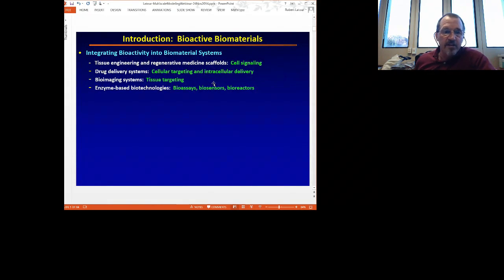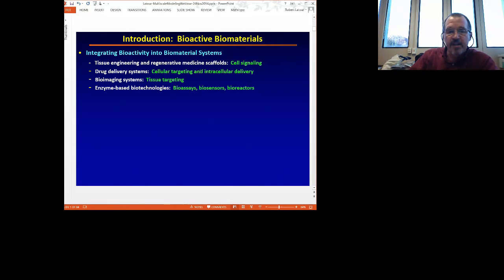And other than biocompatibility, bioactive materials is a major theme in tissue engineering and regenerative medicine and many other aspects where we want to integrate bioactivity into our biomaterial system. And the way we do this is by typically using peptides and proteins. So for tissue engineering and regenerative medicine, we link biomolecules for cell signaling, drug delivery systems.